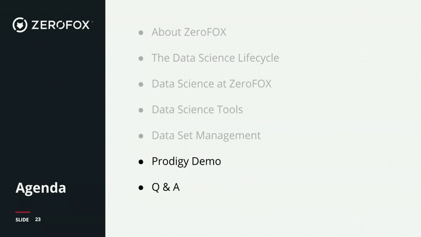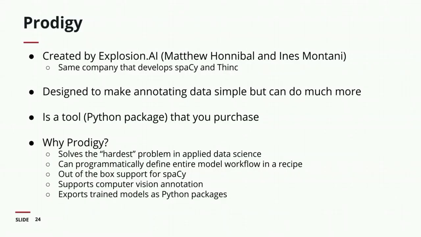All right, awesome. So what I'm going to demo today is a tool called Prodigy that I mentioned. And Prodigy, again, is what we're using to really manage our entire data science lifecycle. Prodigy was created by Explosion AI, the same company that I mentioned before that also developed spaCy and Thinc.